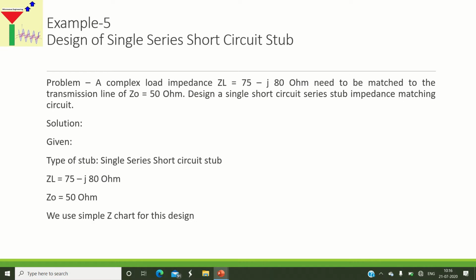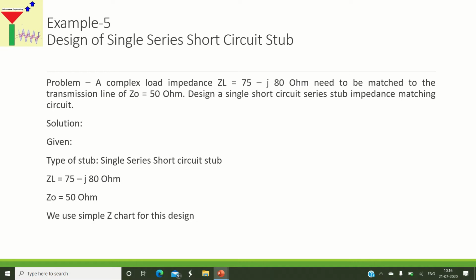So the problem statement is in front of you. The problem statement I will first read out. A complex load impedance is given. The load impedance ZL is equal to 75 minus J80 ohm. This complex load impedance needs to be matched to a transmission line having the characteristic impedance equal to 50 ohm.